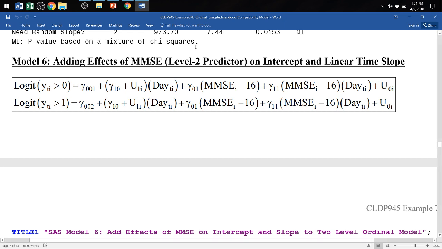So here are my two variance components, represented as their IDs at the end of the line here. U0 is my random intercept, and U1 is my random linear day slope. So yes, part of the differences in linear change have to do with cognitive status. That's cognitive status by day as an interaction term.